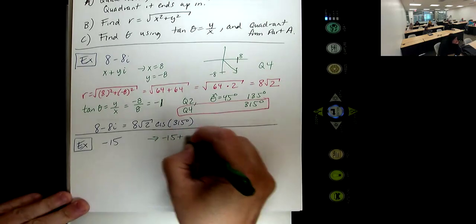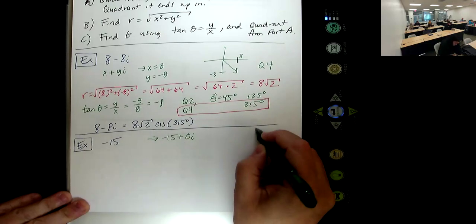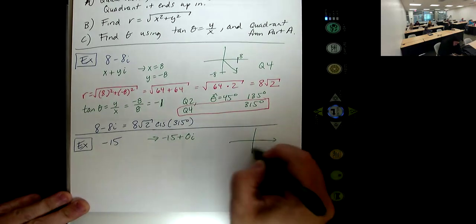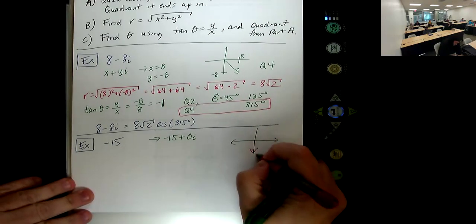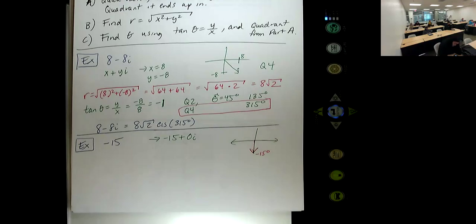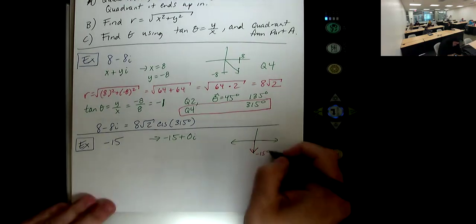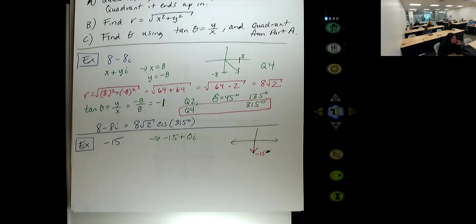This is like -15 plus 0i, which means we're just down 15, right? Straight down -15. Not degrees, just -15.